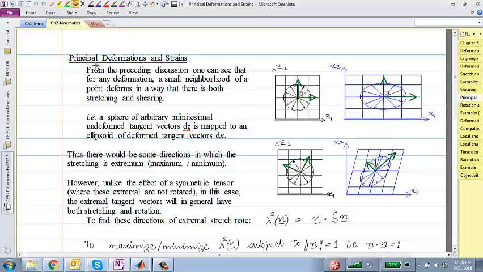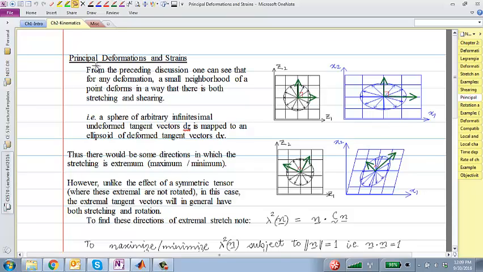Symmetric tensors only, right? Because if a tensor is unsymmetric, its components, of course, will not be symmetric. We won't get a symmetric matrix as its components. The eigenvalues of an unsymmetric matrix can potentially be complex. For a real problem, we don't want to deal with complex numbers.